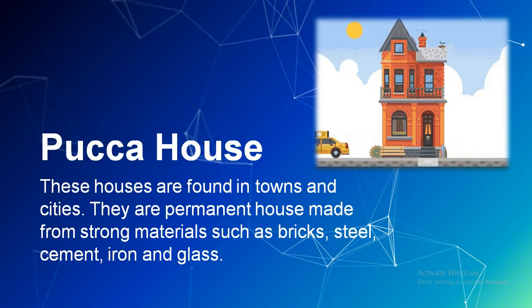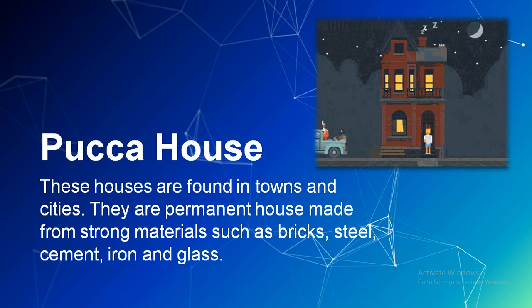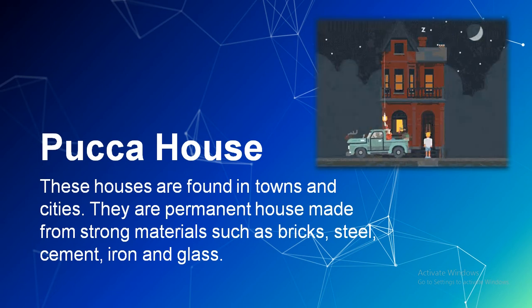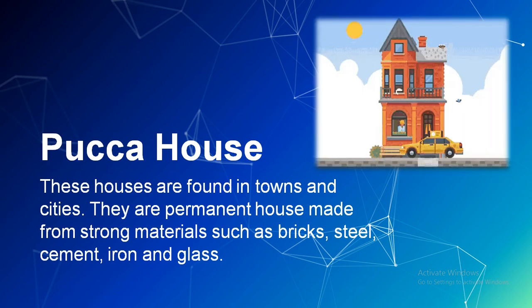Okay students, now let's see about the pakka house. Okay, these houses are found in towns and cities. They are permanent houses made from strong materials such as brick, steel, cement, iron and glass. Okay students, pakka house means it's very strong and it lasts many years.